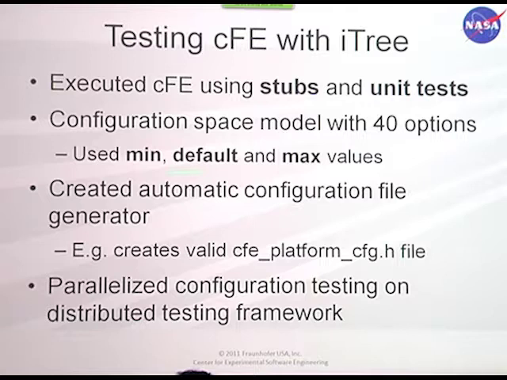And then we created an automatic configuration file generator that will generate a valid configuration file for compilation for the SCO process, so that the iTree will dictate this is the configuration you want to test. This generator will create a valid configuration file for this configuration. The SCO process will take the file, take the source file, compile it, instrument it, run it, and send the results back. So the configuration testing of CFE was also done on the SCO in parallel.